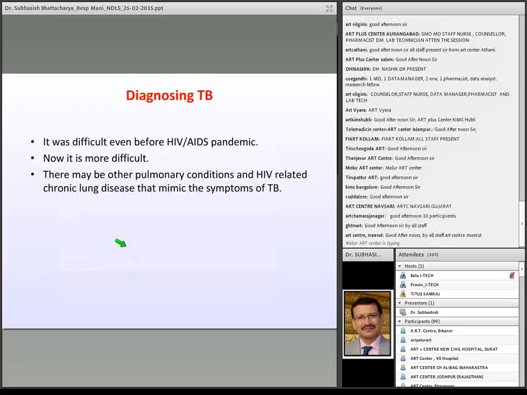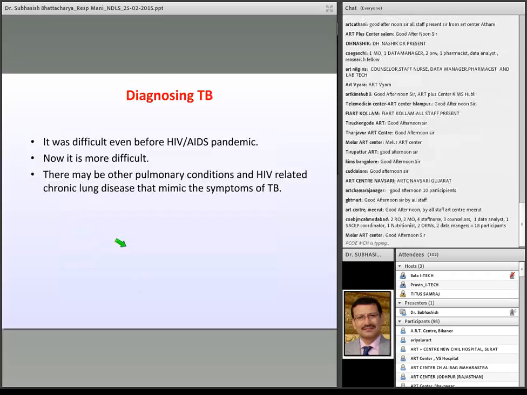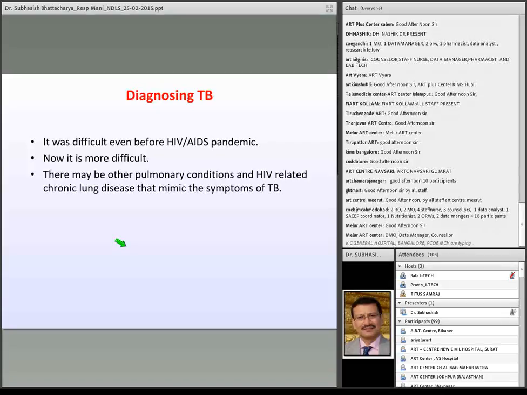Diagnosing tuberculosis is difficult in children, but it's more difficult in the presence of HIV. There may be other HIV related conditions and chronic lung conditions that mimic tuberculosis, both radiologically and clinically. So those important conditions must be considered, and tuberculosis must be excluded in that situation.